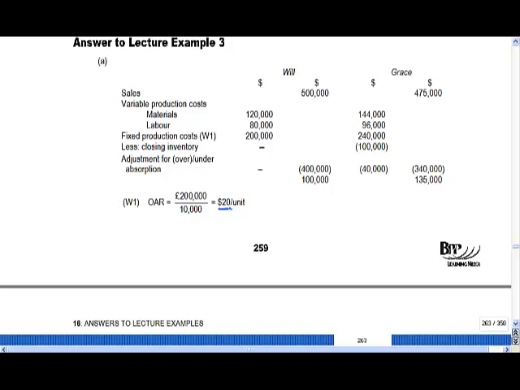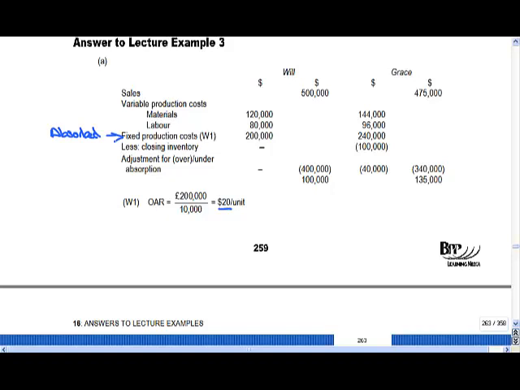Now if we just concentrate on Will for a moment, in terms of the closing stock, he had nothing at the start of the period. He made and sold exactly the same amount, so he's got no closing inventory left at all. If we look at the adjustment for any over or under absorption, well, you do this by comparing your actual overhead with your absorbed. Now what we have in our income statement is obviously the absorbed overhead.